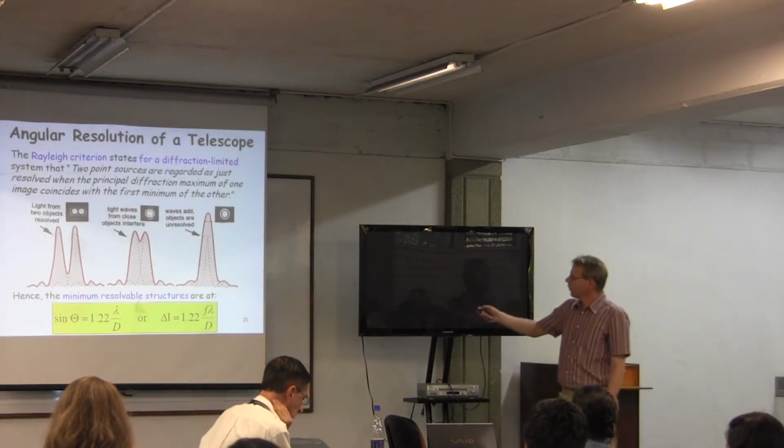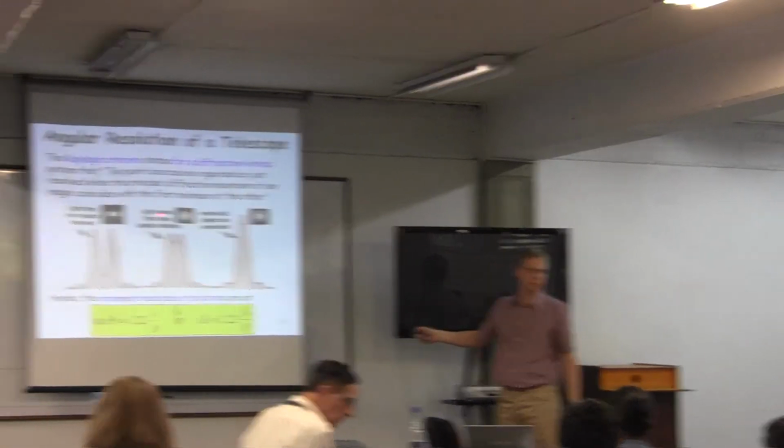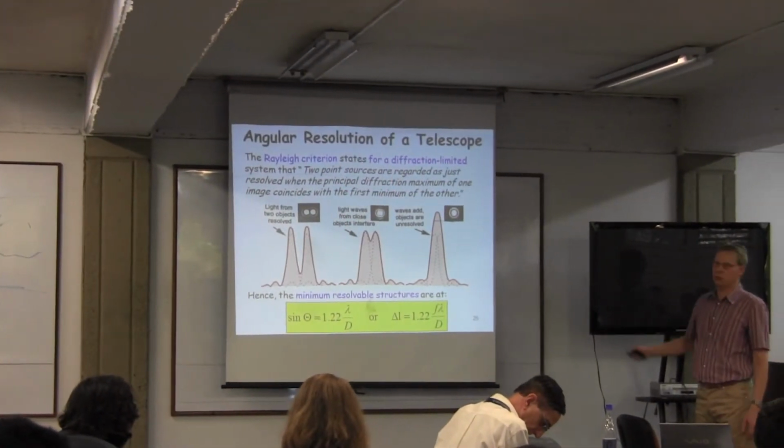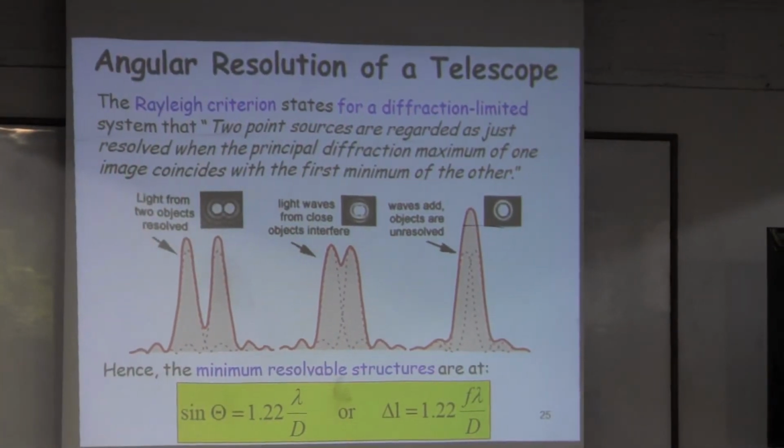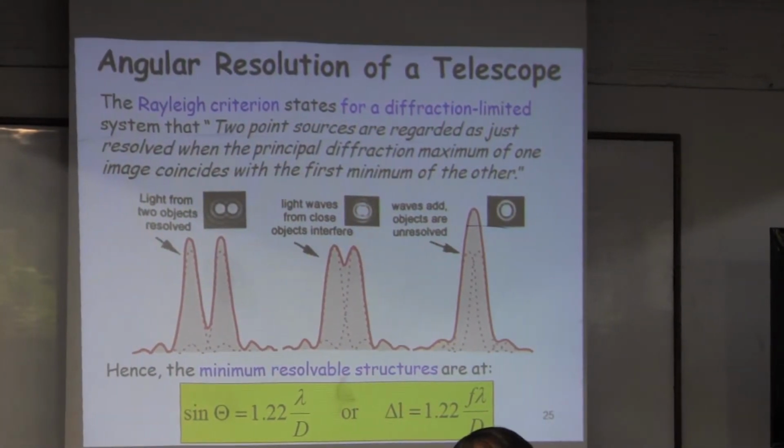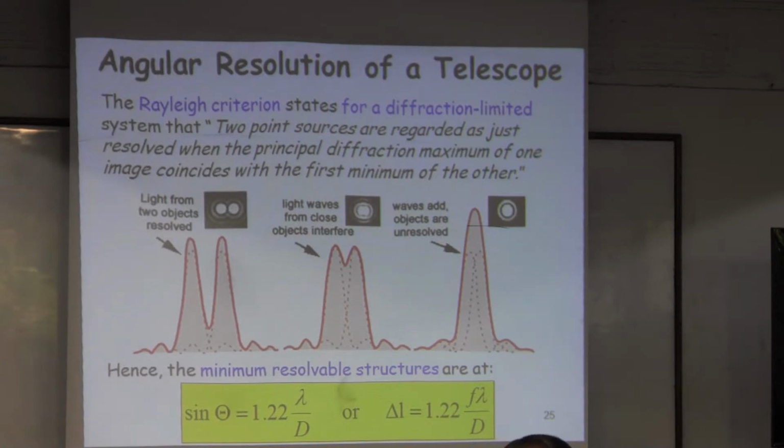So the Rayleigh criterion states, and this is very empirical, it was essentially Lord Rayleigh just wondering, when can I resolve two double stars? So he was wondering, if he has two sources of equal brightness, two point sources are regarded as just resolved when the principal diffraction maximum, so let's say this is one star, the maximum is here, of one image coincides with the first minimum of the other.